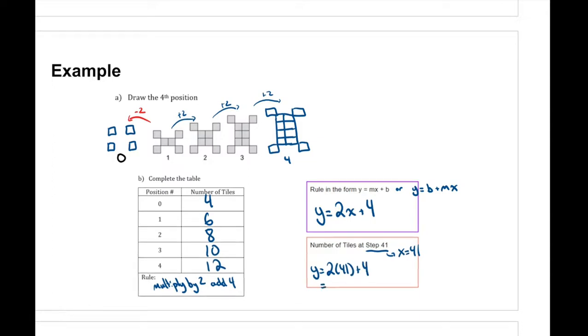Now we've done this before with solving equations, so now we're just understanding that x represents the step number. Substitute it in, 2 times 41 plus 4. This is just a calculation that you can do on your calculator, and you get 86 tiles. So that means if I were to draw this out to position 41, I have 86 tiles.